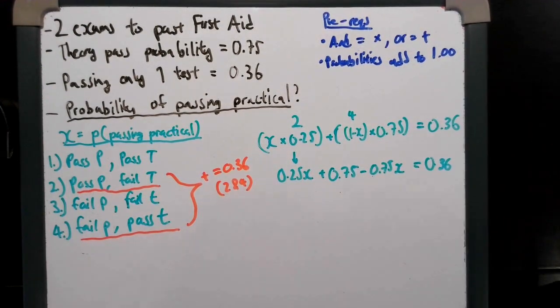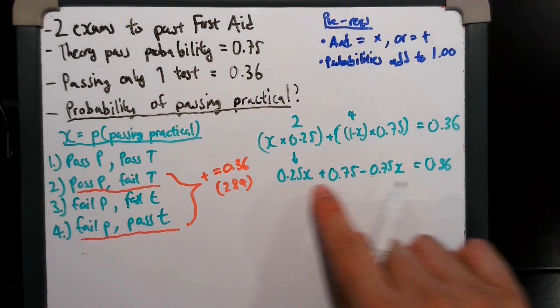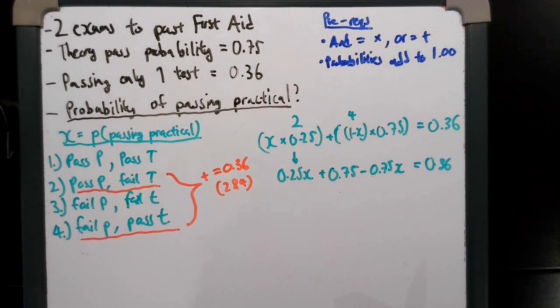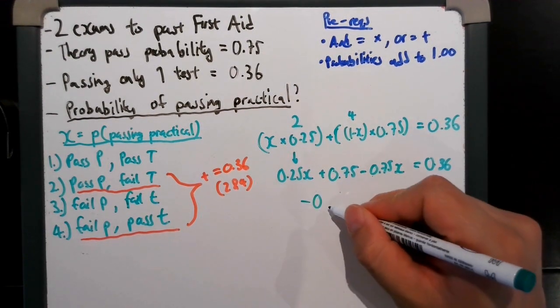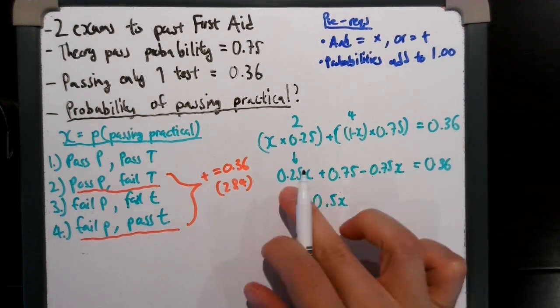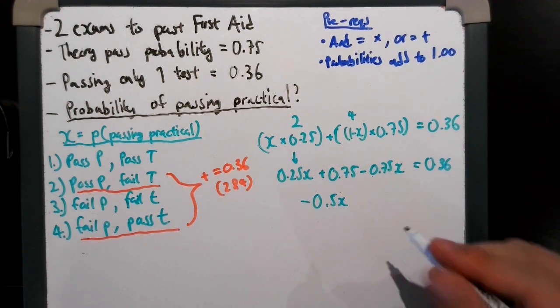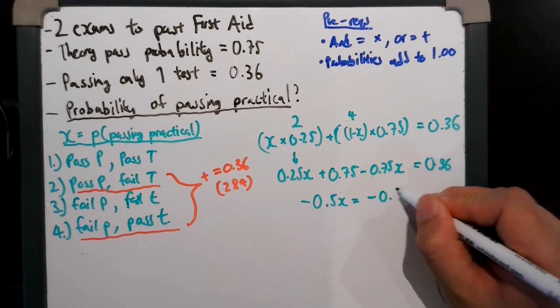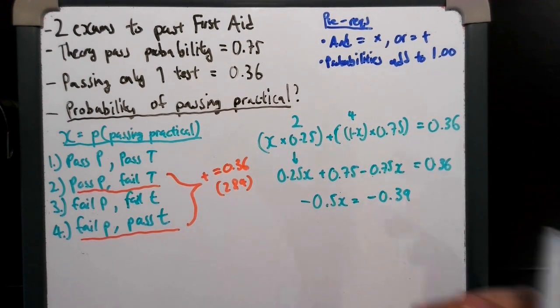Here let's combine like terms: 0.25x minus 0.75x gets you to minus 0.5x. Then we can move 0.75 over to the other side, so we get minus 0.39, and we can cancel out the minuses.